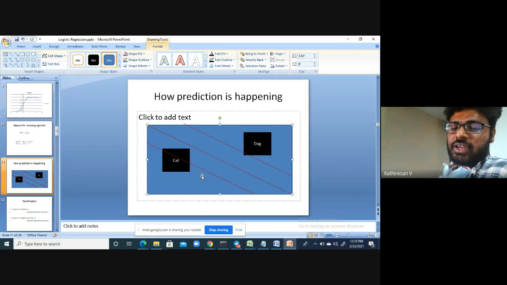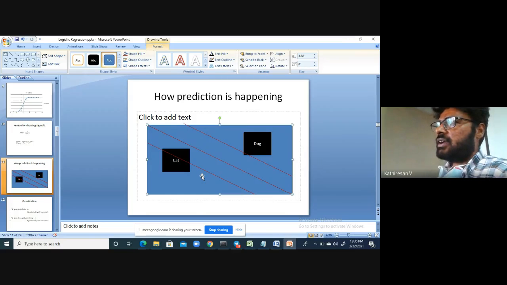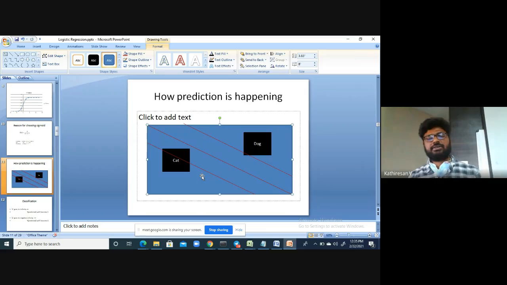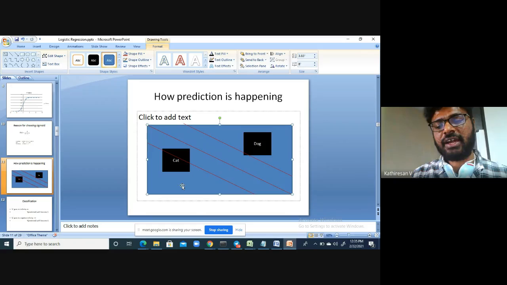So n number of independent variables are given. Based on that, it is predicting classes. Binary logistic regression is deciding whether it is cat or dog. So n number of inputs are given.